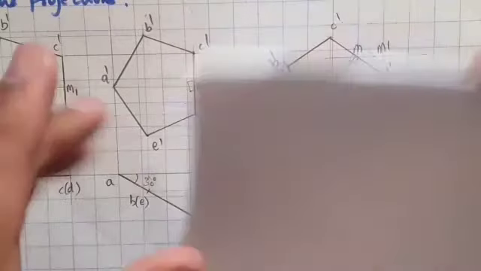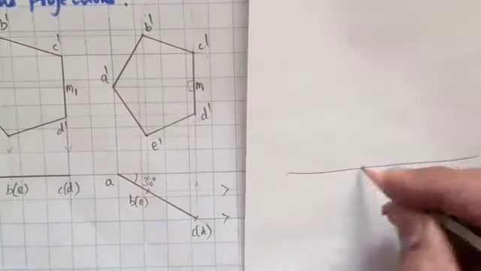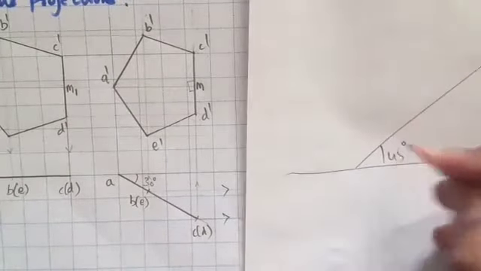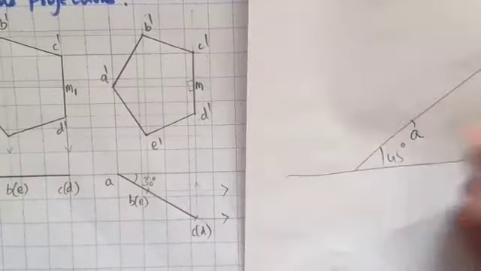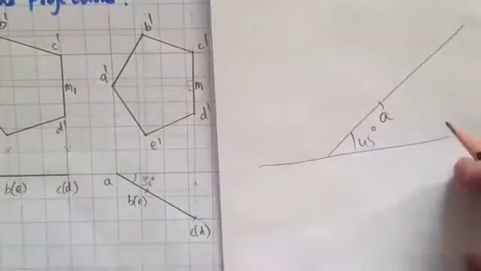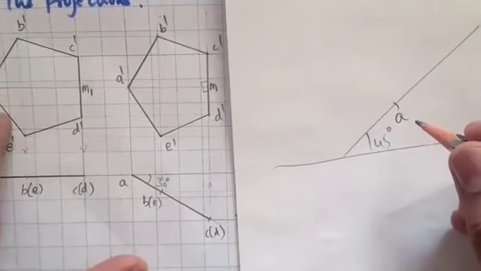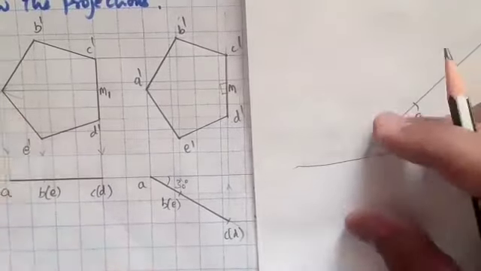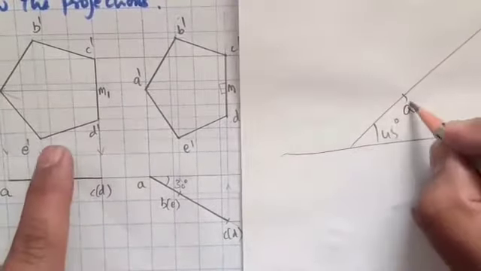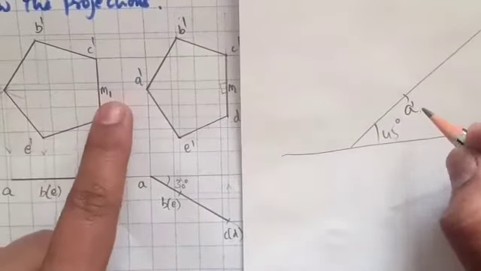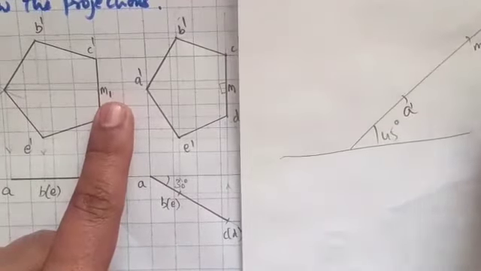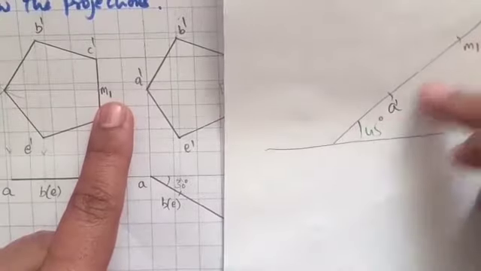The final step, I'll repeat again. Draw a 45-degree line with A as center. With A dash as center, take M1, the true length of the perpendicular bisector.